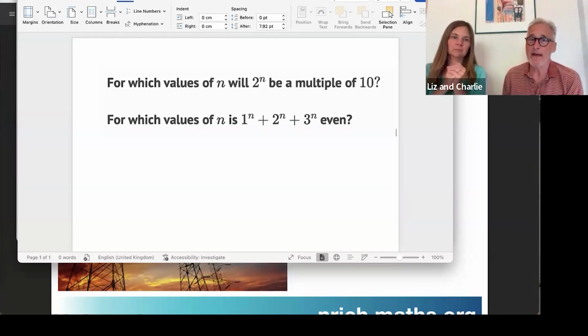So for which values of n will 2 to the power n be a multiple of 10? And for which values of n is 1 to the n plus 2 to the n plus 3 to the n even?